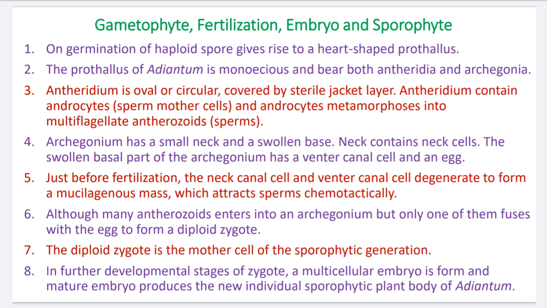The diploid zygote forms the embryo, and the embryo at maturity produces the sporophytic plant body of Adiantum.